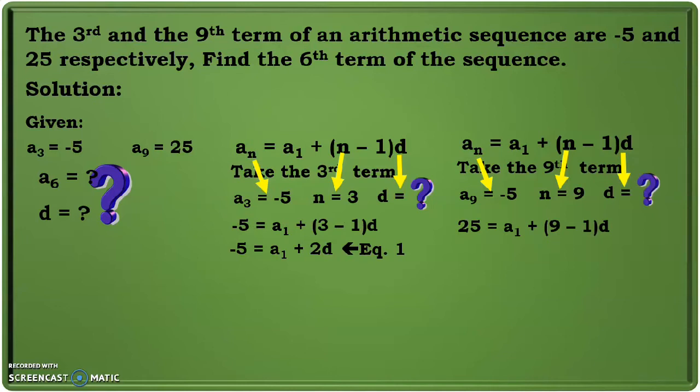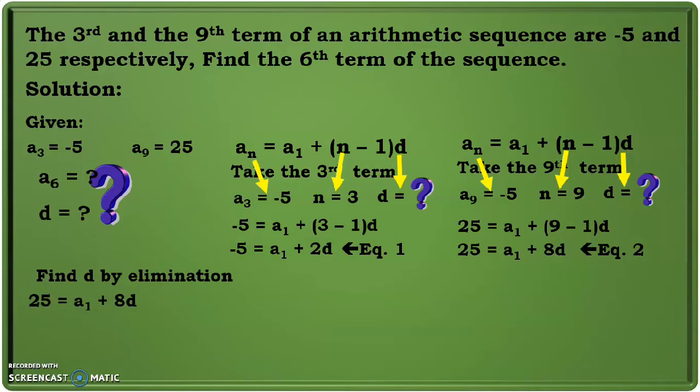Plug in 25 is equal to a sub 1 plus the quantity of 9 minus 1 times d, equals a sub 1 plus 8d, and call it equation 2. So since we have two equations, let's solve it by elimination method to find d.